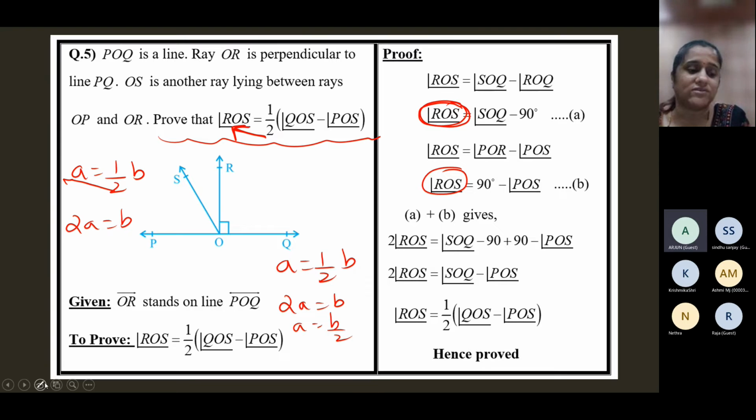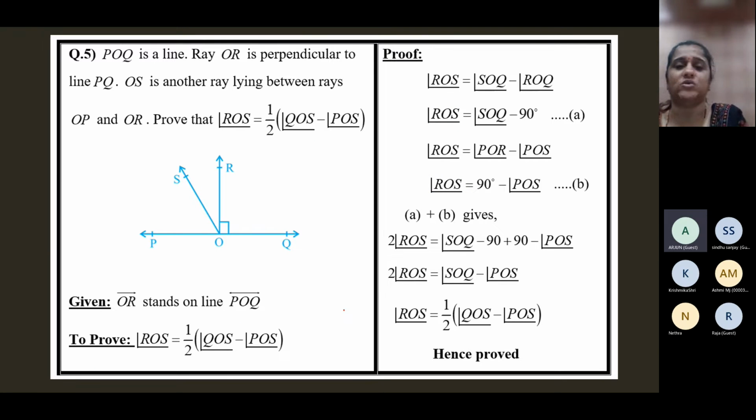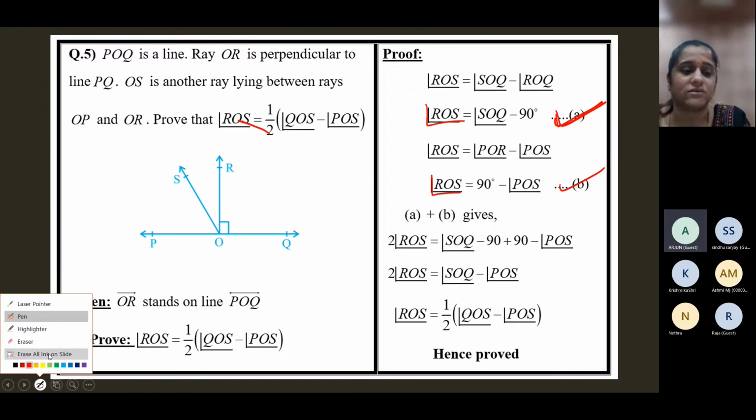That's the idea, because when you cross multiply, you get twice ROS. I've expressed angle ROS in this way, and again I've expressed angle ROS in this way. That means I'm expressing angle ROS in two different ways.